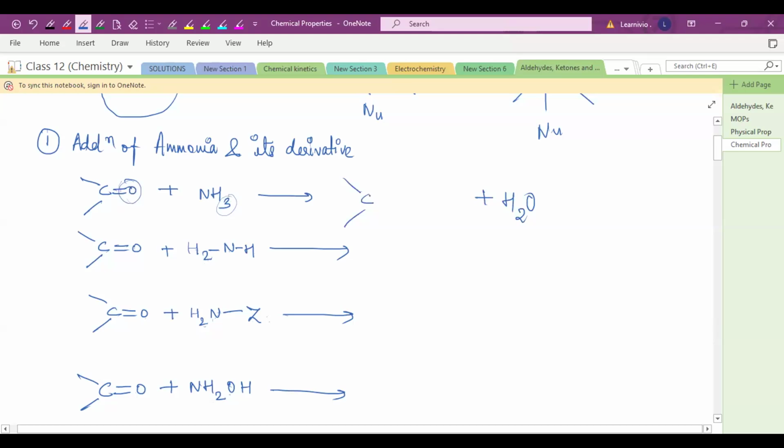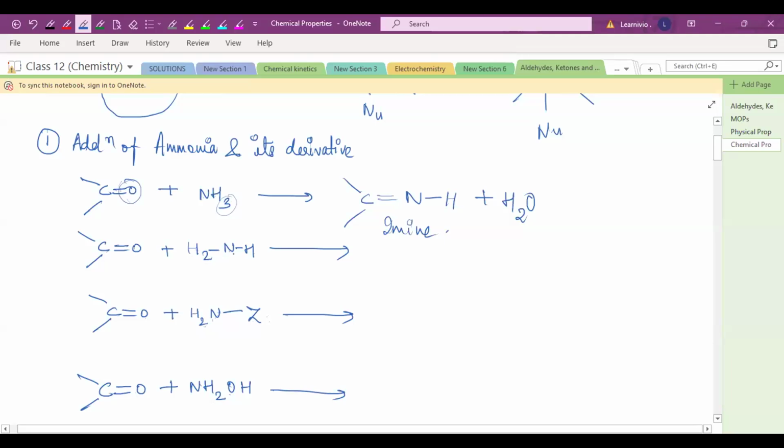So what is an imine? An imine is a carbon double bond nitrogen. The oxygen and two hydrogens from this ammonia are removed, dehydration occurs, and you attach the nitrogen by a double bond. You have formed carbon double bond nitrogen, and one hydrogen remains on the nitrogen. So it will form the imine.